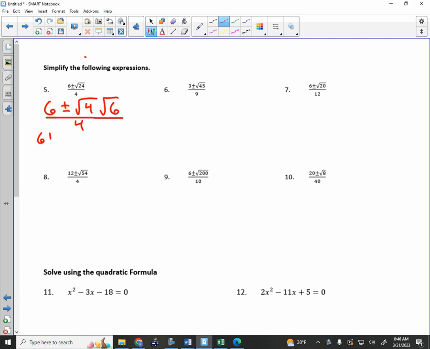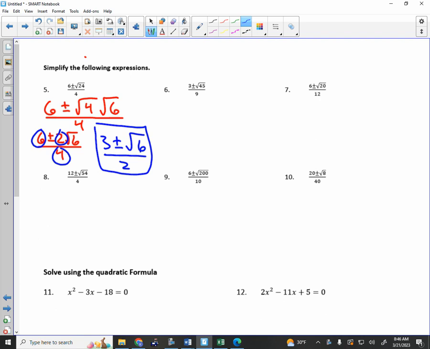So I have 6 plus or minus 2 roots of 6 over 4. And then what you can look at is these three terms. Don't worry about the radical, but these are all divisible by what? 2. So if you divide them all by 2, you get 3 plus or minus 1 root of 6 all over 2. And that's your answer.